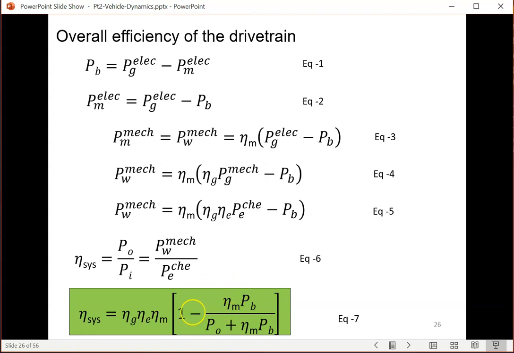Inside the bracket is 1 minus, on the top, the efficiency factor of the motor times the power of the battery, divided by P naught. P naught is the total output power, which is the mechanical power of the wheel, or the mechanical power of the vehicle, V times force, plus eta M, the efficiency of the motor, times the power of the battery.